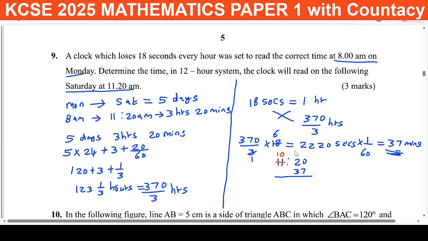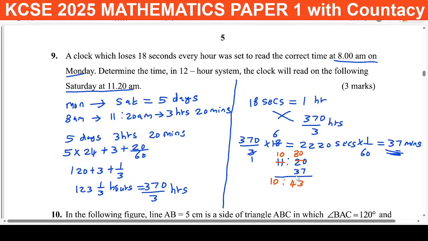And how many minutes are there in 1 hour? Definitely that's 60. Therefore, what you're going to have here is 60 plus this 20 that you had, and that's going to be 80. Therefore, what you're subtracting is now 80 minus 37. That's quite doable: 10 minus 7 is 3, and then we remain with 7 here. 7 minus 3 gives you a 4, and on this other end what you have is a 10.